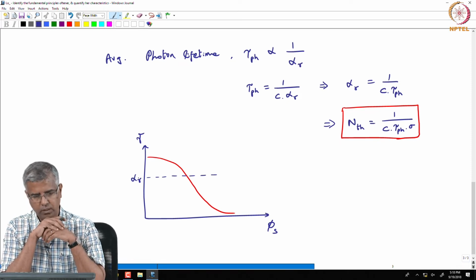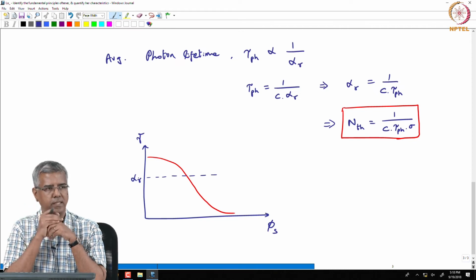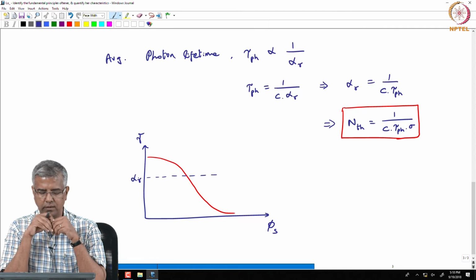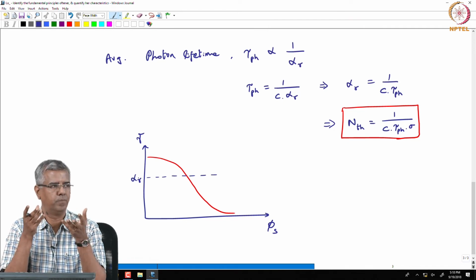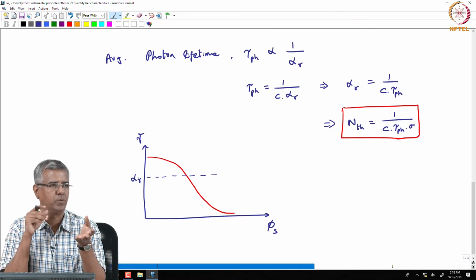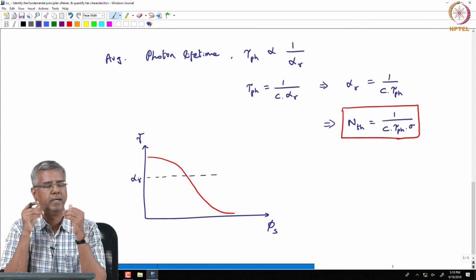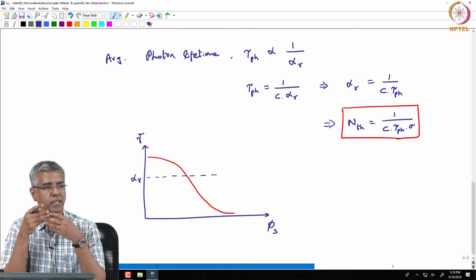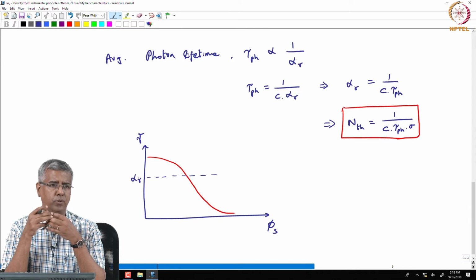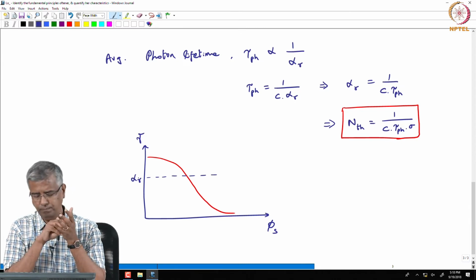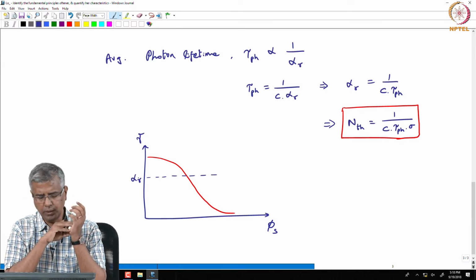So, I turn on the laser, right. When I turn on the laser, I am pumping some photons which are getting absorbed in the gain medium, and that absorption results in the emission of certain photons spontaneously. Okay.